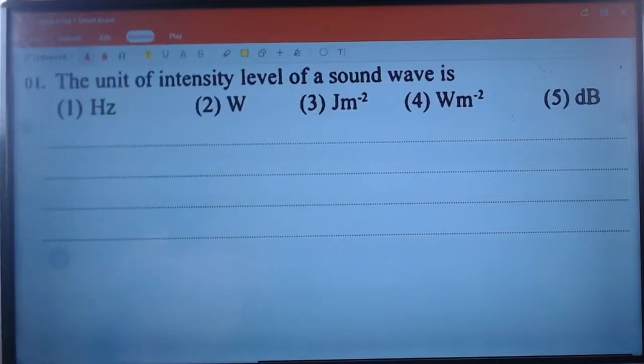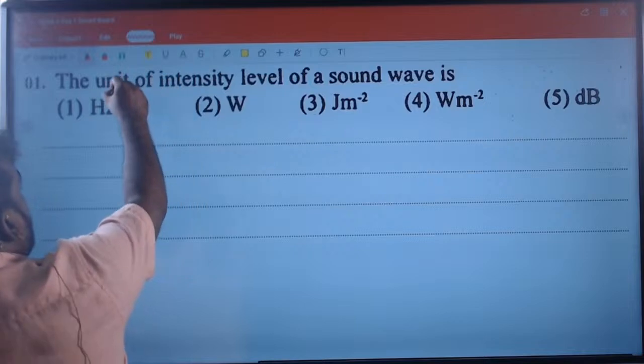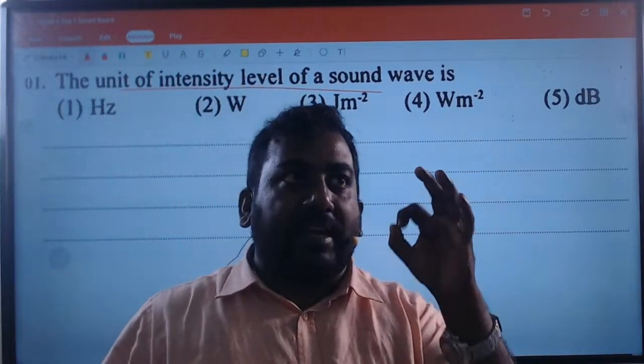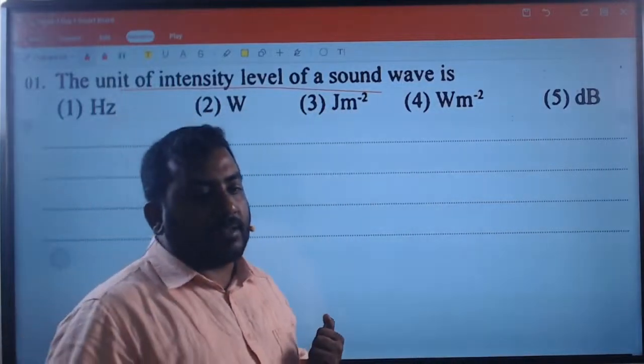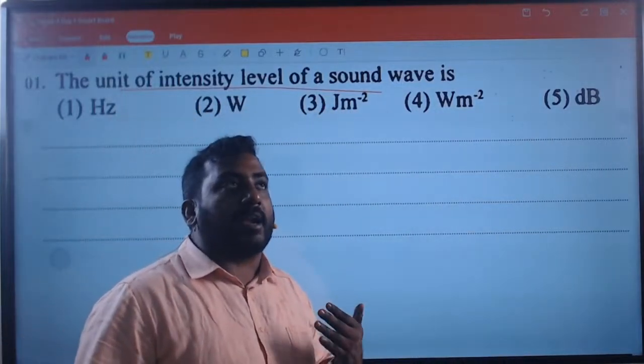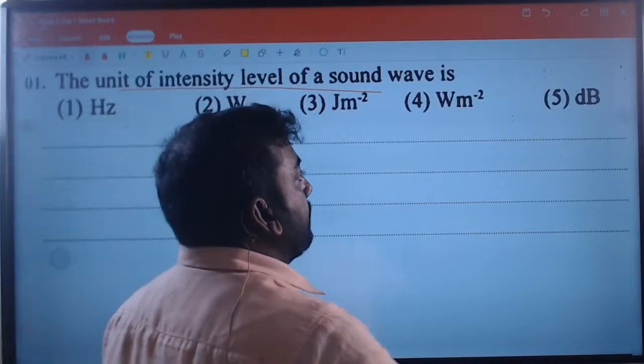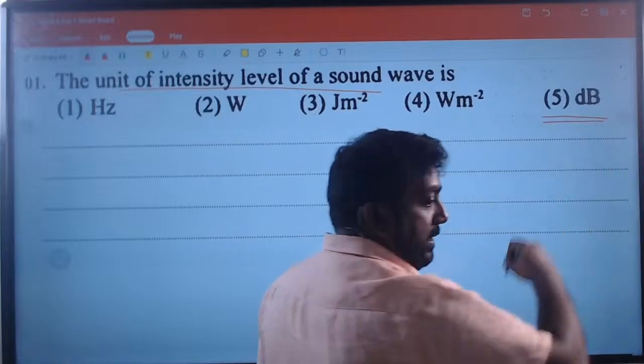First question. The unit of intensity level of sound. Sound intensity is watt per meter square. Sound intensity level will be decibel, so here you go, dB.